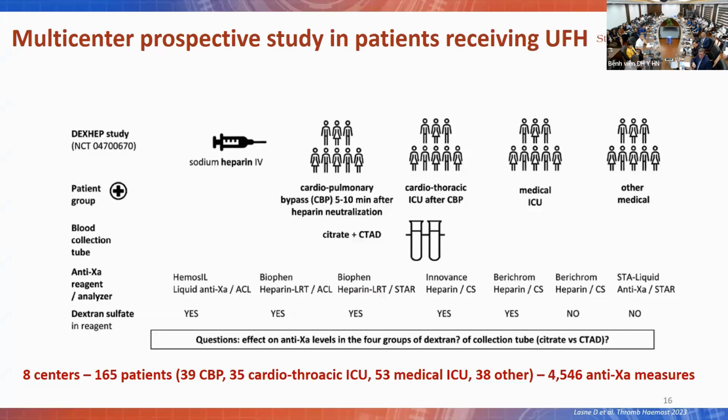So there were 8 centers, and they enrolled 165 patients, 39 with CPB, 35 with cardiothoracic ICU, 53 medical ICU patients, and 38 other patients. So in total, they performed more than 4,500 measures.